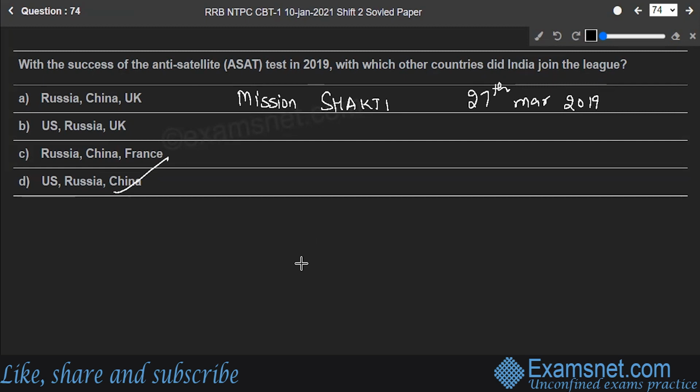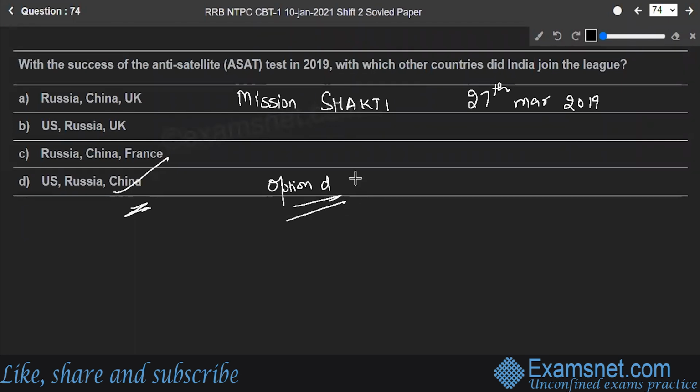This was a highly complex mission conducted at extremely high speed with remarkable precision. The successful conduct of Mission Shakti made India the fourth nation in the world after US, Russia, and China with the capability to defend its assets in outer space. So we have option D as the correct answer.